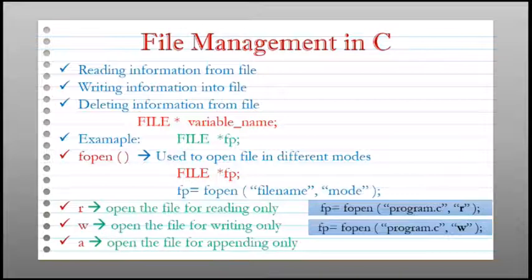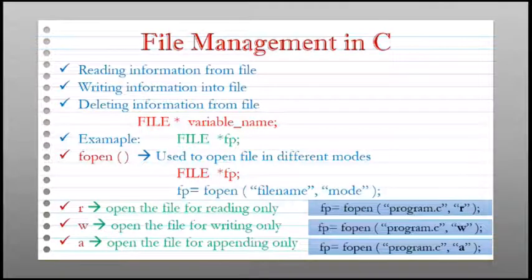The content will remain as it is and the new content is written after the previous content. When you write a in double quotes as the mode, then you can add information to the file which is opened by using the fopen function. This is the example. You can see here the mode is a. That means you can add extra content to the file program.c.